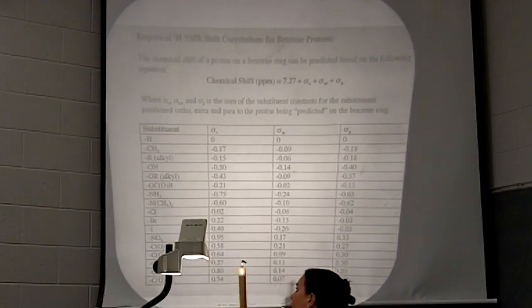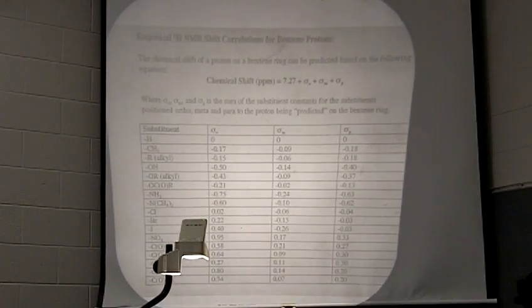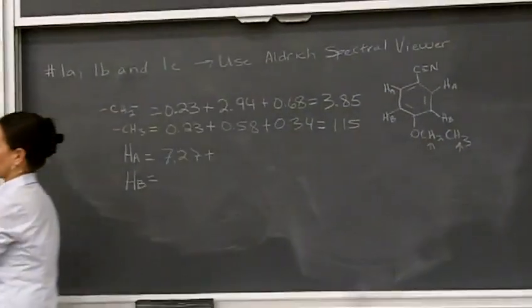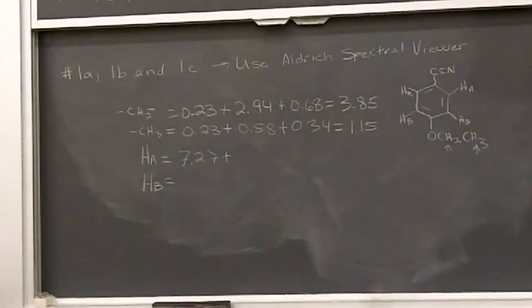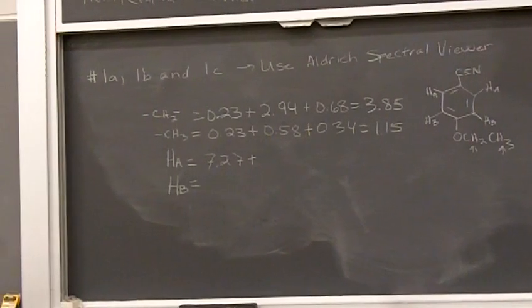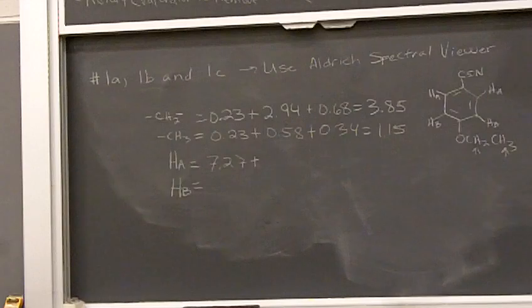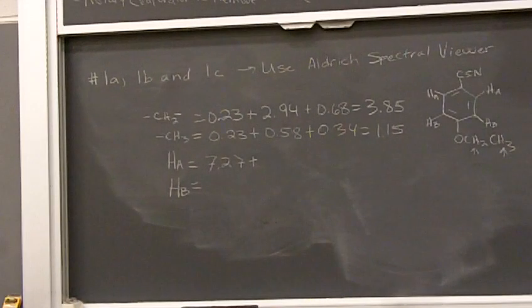All right. So for HA, first we'll start with our 7.27, and then we have this nitrile group that is ortho. And so we've got to add the substituent, or the coefficient for the nitrile group, which is right here, 0.27.